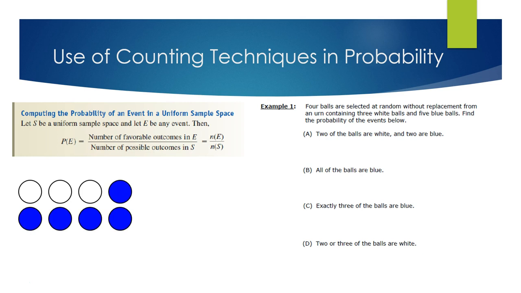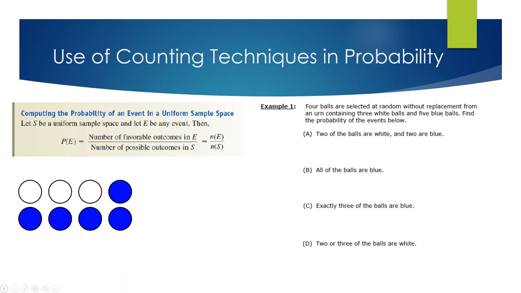I'll give a visual here, even though for this particular problem a visual is not as useful as it is in some other ones, but nonetheless, sometimes having a visual can help you organize the information a little bit better. So you're told that 4 balls are selected at random without replacement from an urn containing 3 white balls and 5 blue balls.